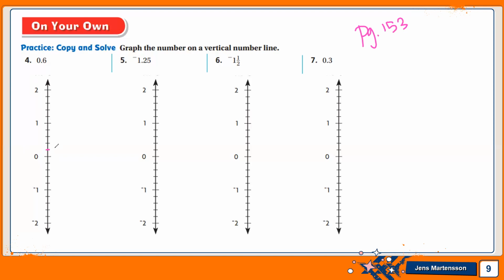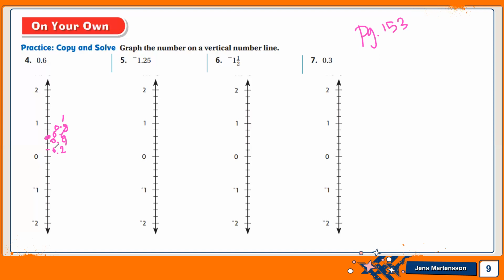Here we have 0.2. As we said yesterday, each dash represents 0.2. So 0.2, 0.4, 0.6, 0.8, and 1. So where is 0.6? Between 1 and 0, in which dash?